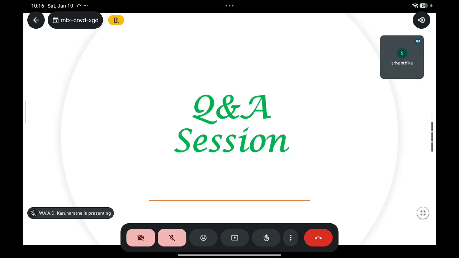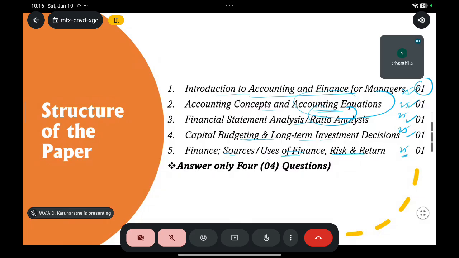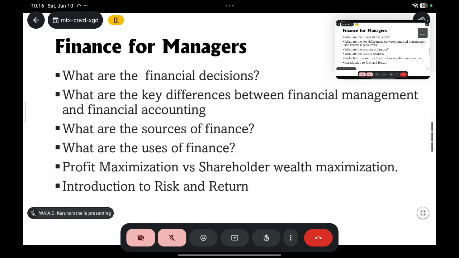Sir, Anjani ma'am, questions also include that. Yes, that is the accounting question, financial sources, sources of finance, risk and return.